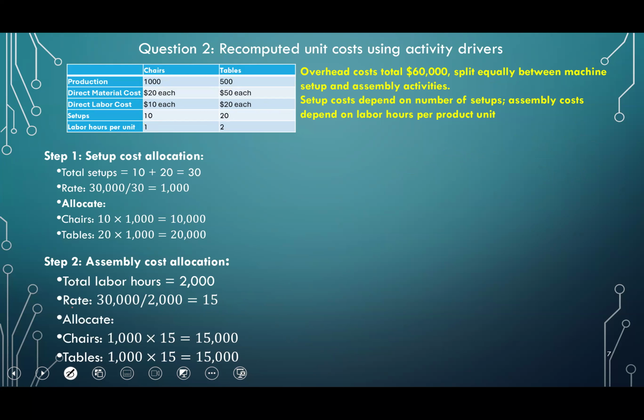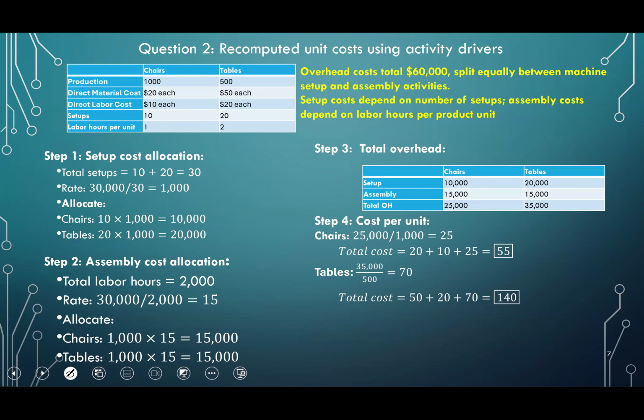Okay. So now what do we do? Now we are ready to calculate the per unit cost as before. Let us take the overhead assigned to the chair under the two pools. Setup, chairs got this much. Tables got this much. From assembly, chairs got this much and tables got this much.